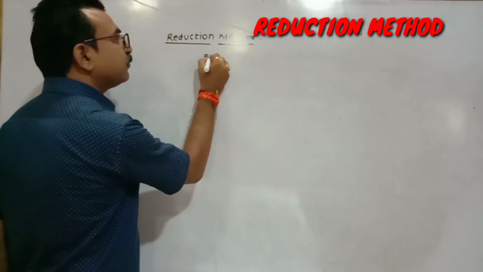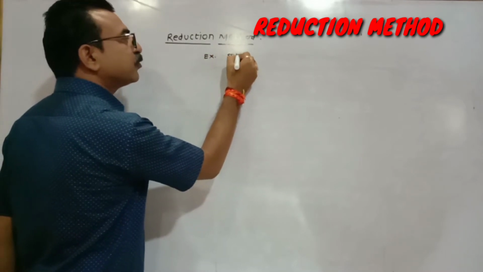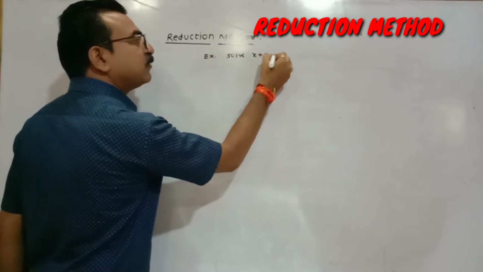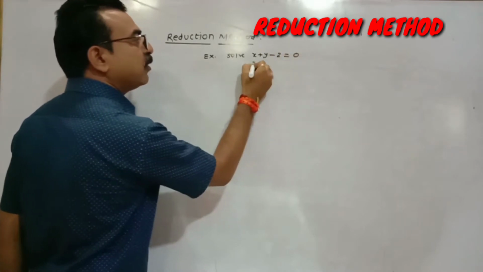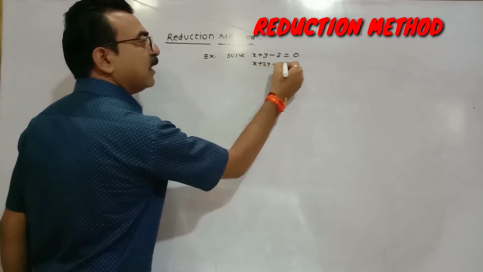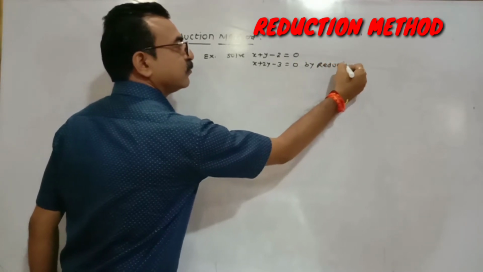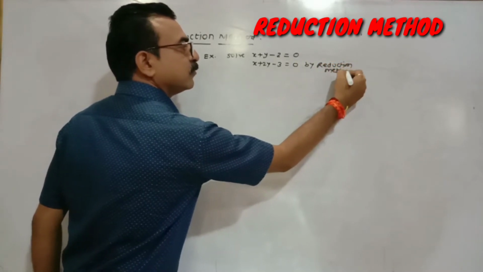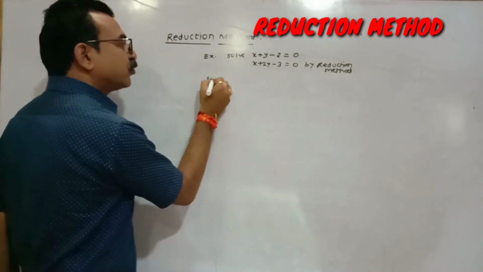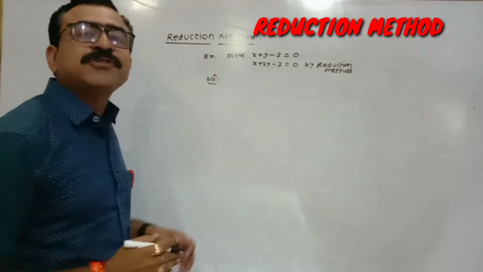Now let us take one example for better clarity. So student, your question is solve x plus y minus 2 equal to 0 and x plus 2y minus 3 equal to 0 by reduction method. So friend, what is your first rule?